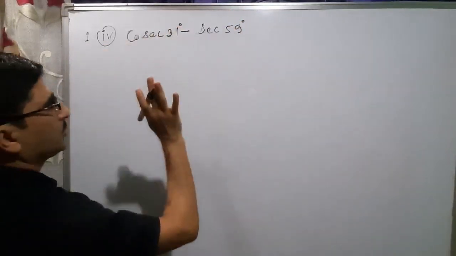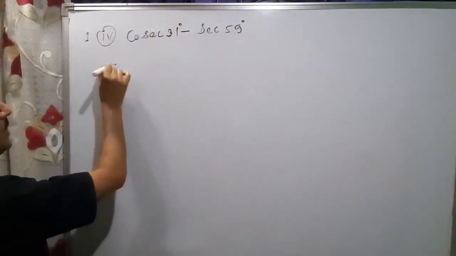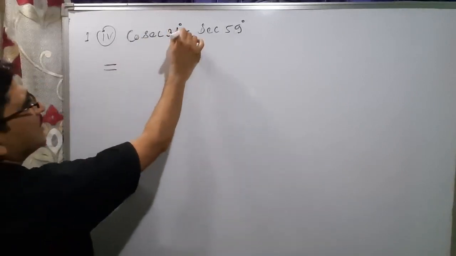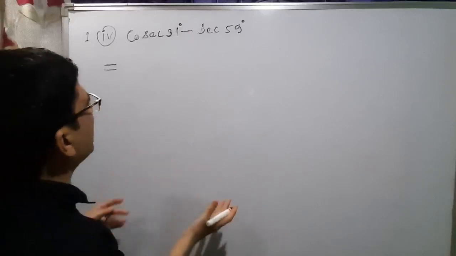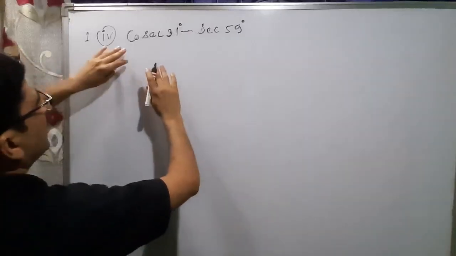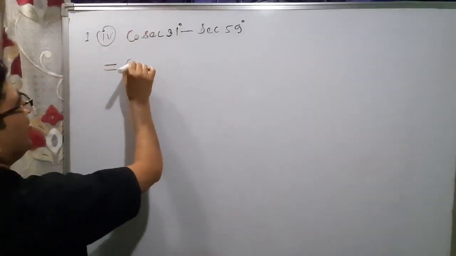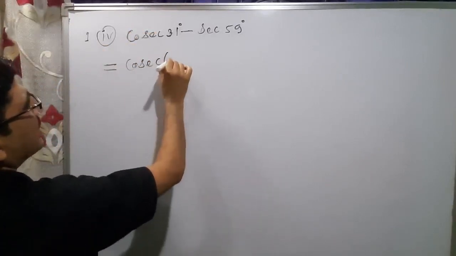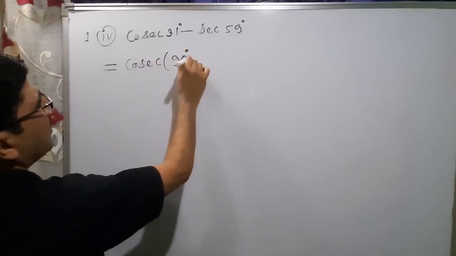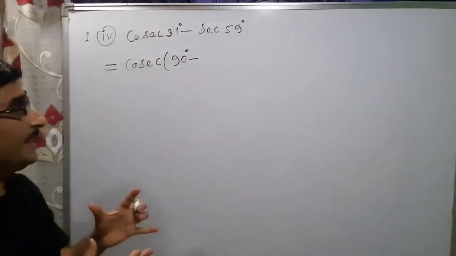Any one, not both. Let us start with the first, because here it is minus. If you change the second one, you may face a minus problem. No problem for me here. Now you check cosec 31. You write 31 as 90 degree minus how much?